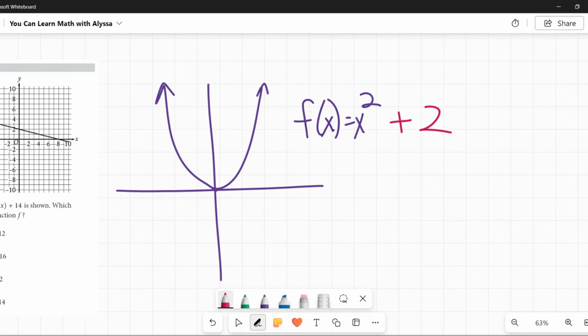If you wanted it to go down 2 but stay otherwise the same, you subtract 2. If you want it to move left and right, it needs to be inside here with the x.